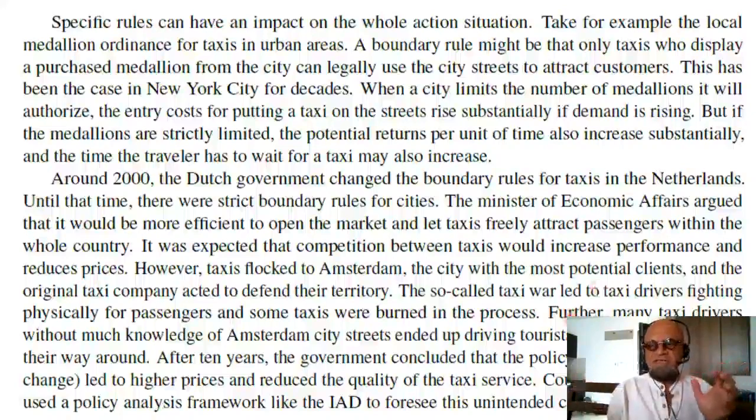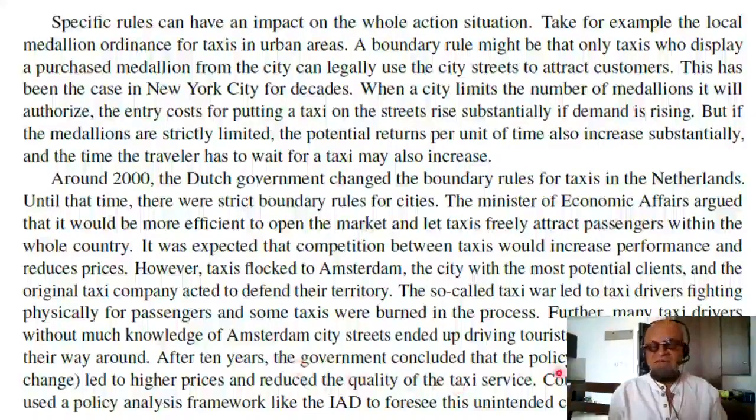The so-called taxi war led to taxi drivers fighting physically for passengers, and some taxis were burned in the process because the fight for money and survival got fairly strong. Further, many taxi drivers without much knowledge of Amsterdam city streets ended up driving tourists who also did not know their way around. So obviously that can cause cheating and other problems.